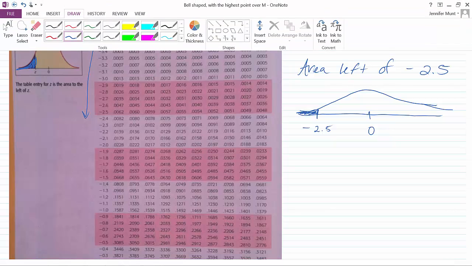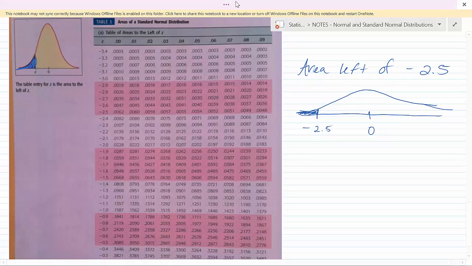So in the table, and this is negative 2.50, I'm going to go down first to negative 2.5, and then I want to match that with the appropriate number across the top. So I said this was negative 2.50, which means I'm going to take this one and go down until I find the number that aligns. So that's 0.0062. That's the area to the left of a z-score of negative 2.5.